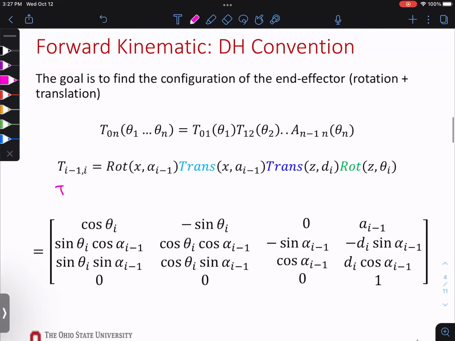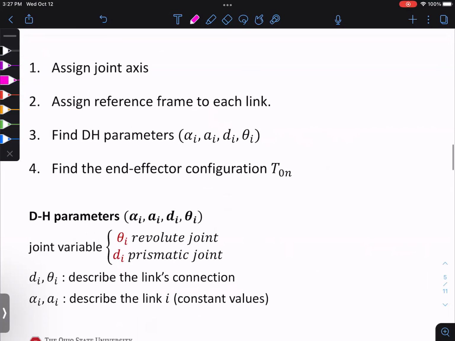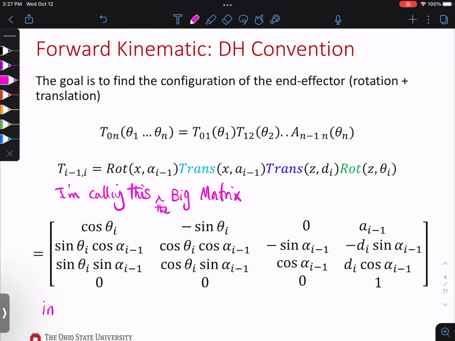So I'm calling this the big matrix. All right. And you can find it in Appendix C of the textbook.